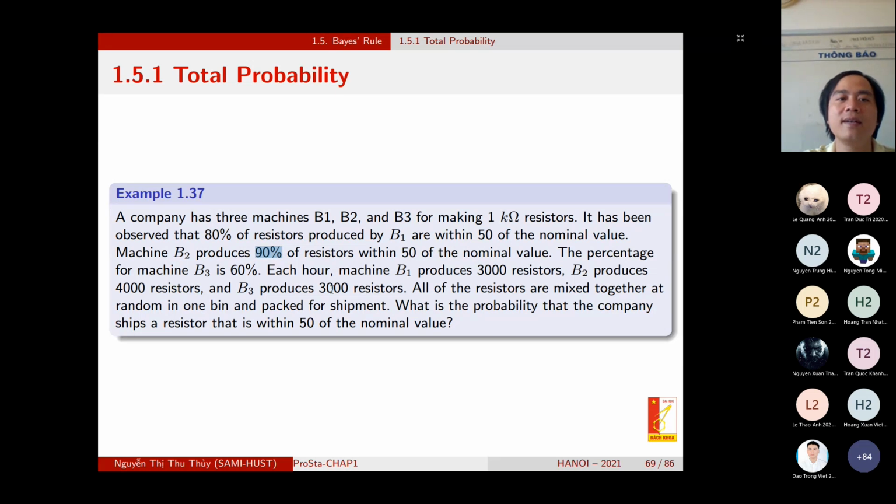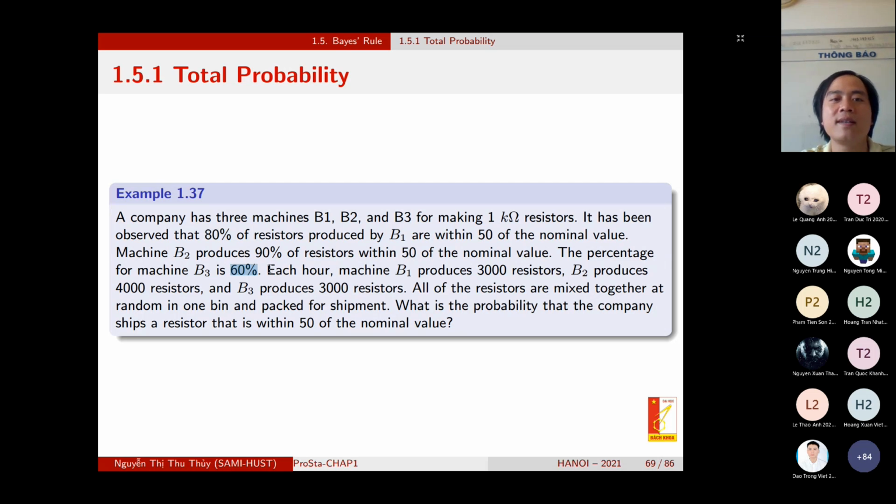And for machine 3, it is very low, only 60%. That means machine 2 is the best one, machine 1 is the intermediate one, and machine 3 is the worst machine.